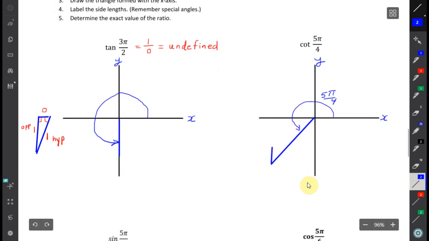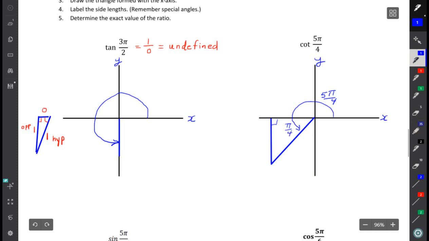Taking this triangle and completing it. This is my theta right here, the 5 pi by 4. This angle here, if we go 4 pi by 4, there's one more, so this triangle is pi by 4.